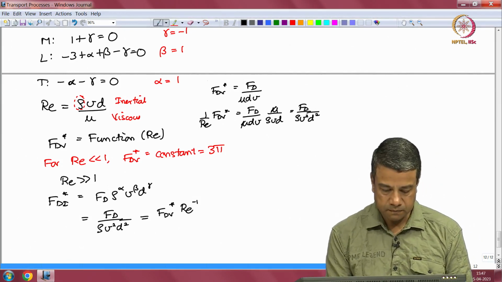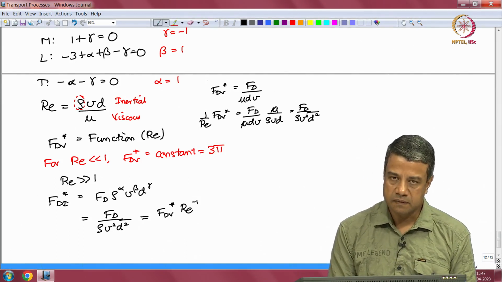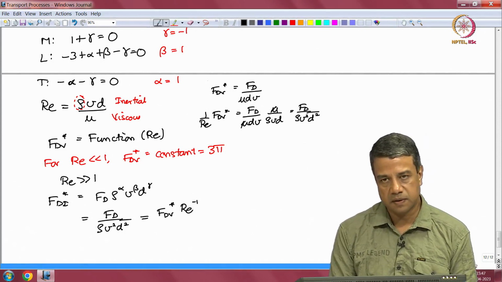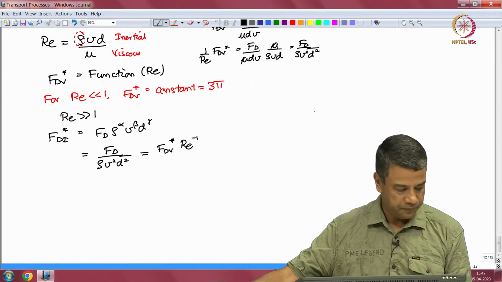Therefore, you would scale it by viscous scales when viscosity is large or the Reynolds number is small. Viscous effects are large. You would scale it by inertial scales when inertial effects are large and the Reynolds number is high.